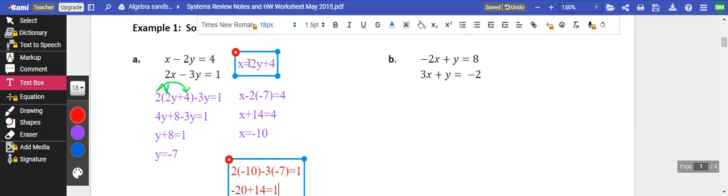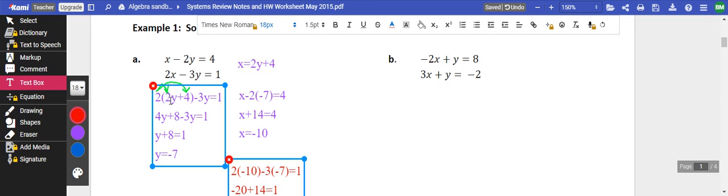So let's see where we made a mistake. We solved for x, that's good. We plugged in 2y plus 4 minus 3y equals 1. That's plugged in correctly. 2, 8, -3, 4, and -3 is 1. We get 8 equals 1. We subtract 8 from both sides, so that should be -7 for y.